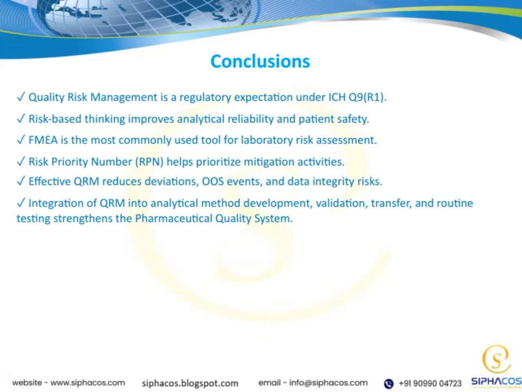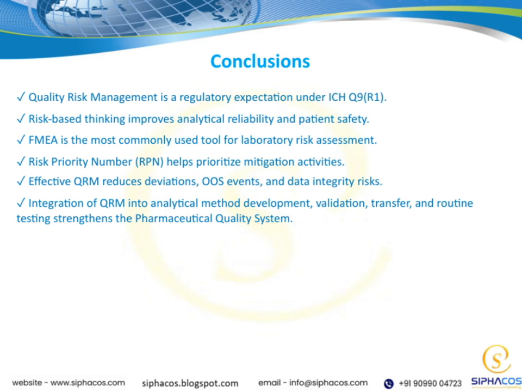Let's wrap up with the key takeaways. Quality risk management, or QRM, is no longer optional. It's a clear regulatory expectation under ICH Q9. Embracing risk-based thinking doesn't just improve our analytical reliability, it directly enhances patient safety. Among the tools we use, FMEA stands out as the most common for lab risk assessment.